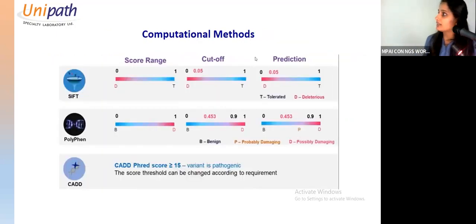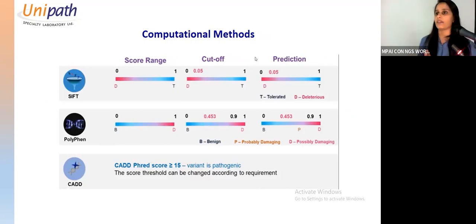So I will tell you that you should take into consideration 3 tools. One is for prediction, like these are the ones we use. This one works on insertion and deletion, and this is for substitutions. SIFT and PolyPhen differ in scoring. SIFT gives 0 when it is deleterious, and PolyPhen gives a score of 1 when it is deleterious.